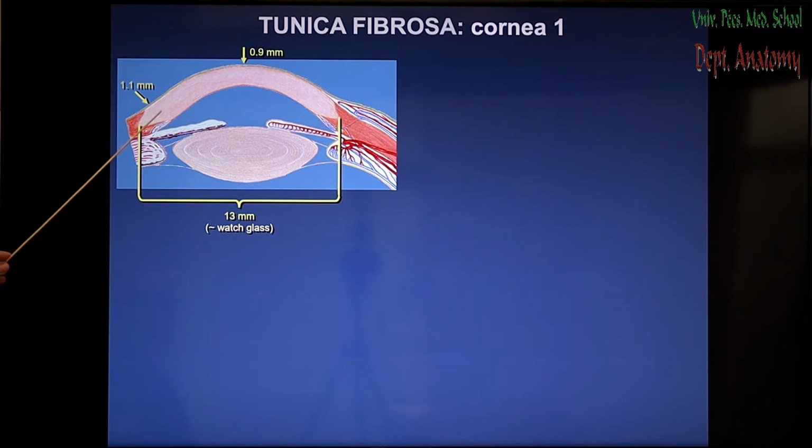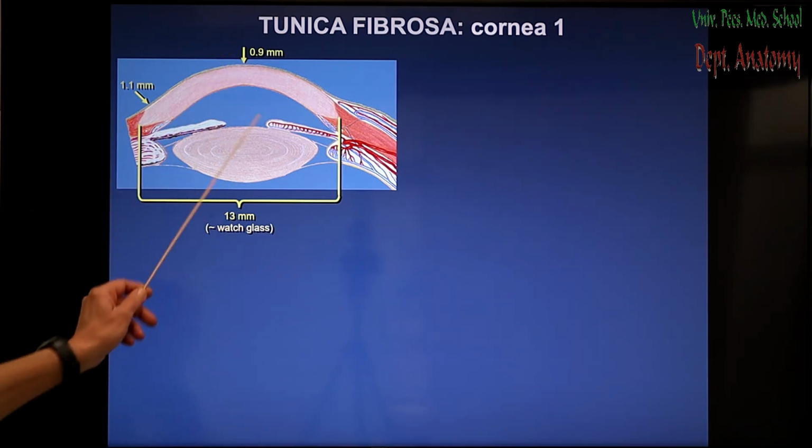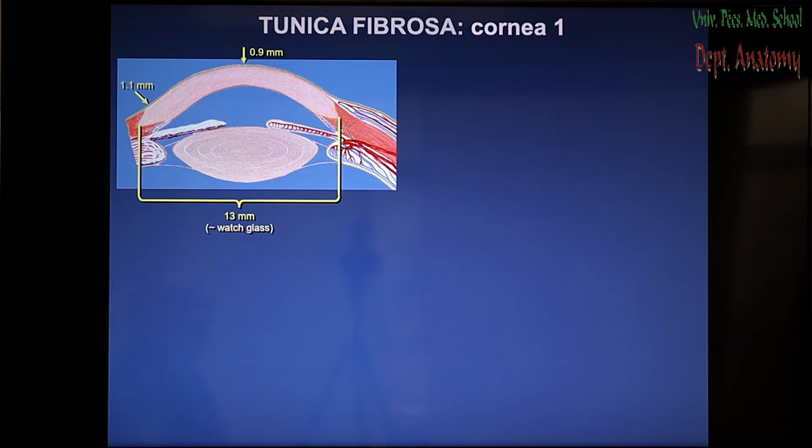So the middle of it exceeds the outer and inner margins, so that it has a very firm fixing of the cornea. Also, the thickness varies, of course: where the light must most go through, the cornea has the smallest thickness, and it becomes wider at the lateral ends. Altogether, the diameter is 13 millimeters.